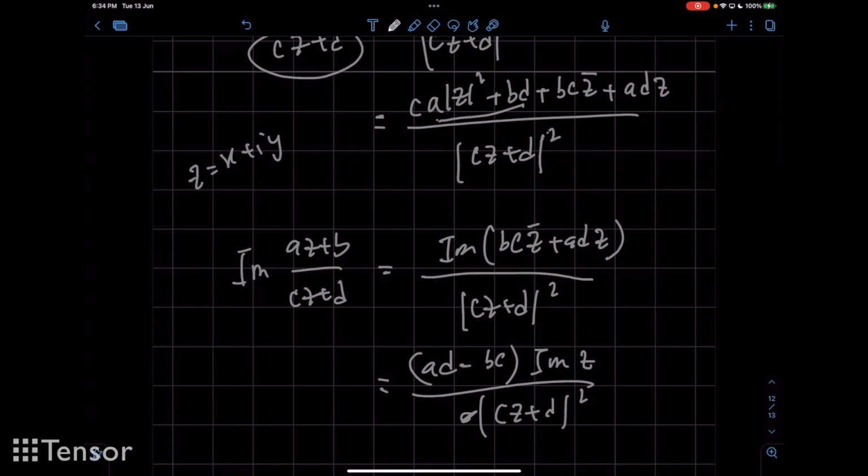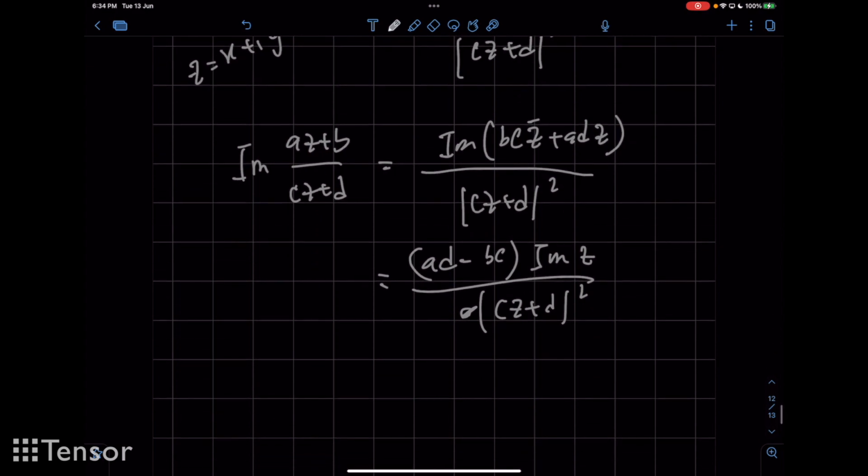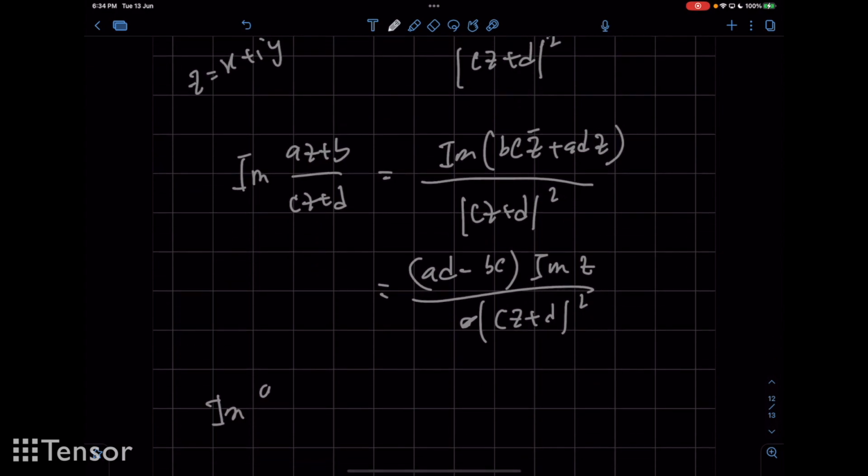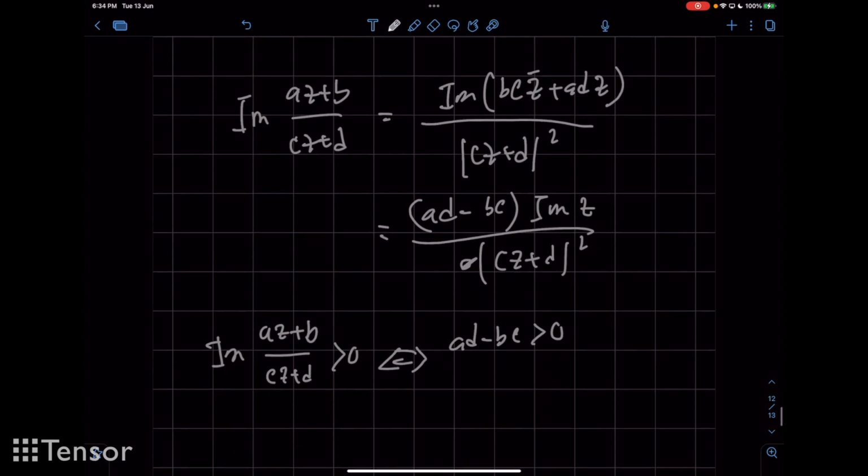Then the imaginary part of az plus b over cz plus d will be positive if and only if ad minus bc is positive. But we only have two possible values for ad minus bc, plus 1 or minus 1. So that means this is equivalent to ad minus bc equal to plus 1.